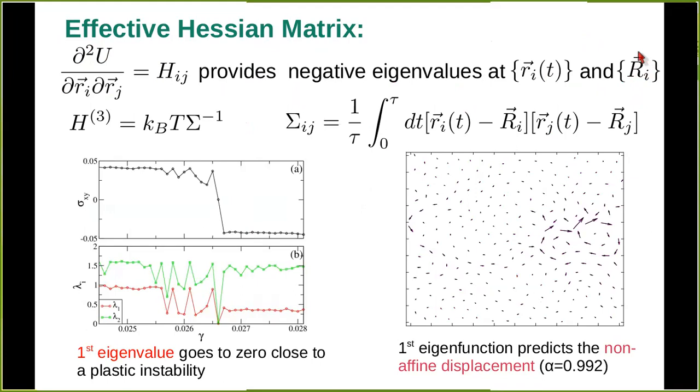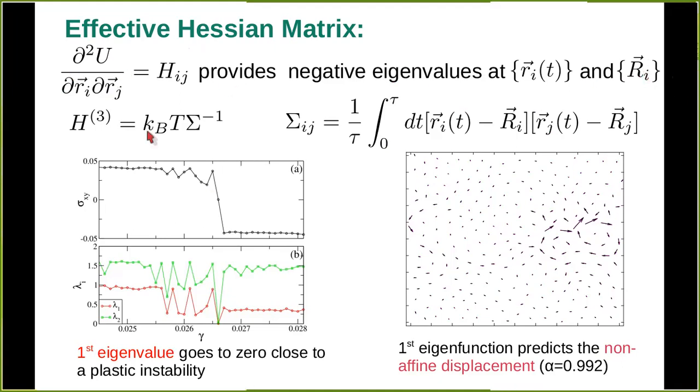The reason is these time average configurations are stabilized by an effective interaction potential, not the bare interaction potential U. And that effective interaction potential involves many body interaction because of the presence of collision at finite temperature, and we do not know the form of that many body interaction. So basically we cannot use this Hessian.